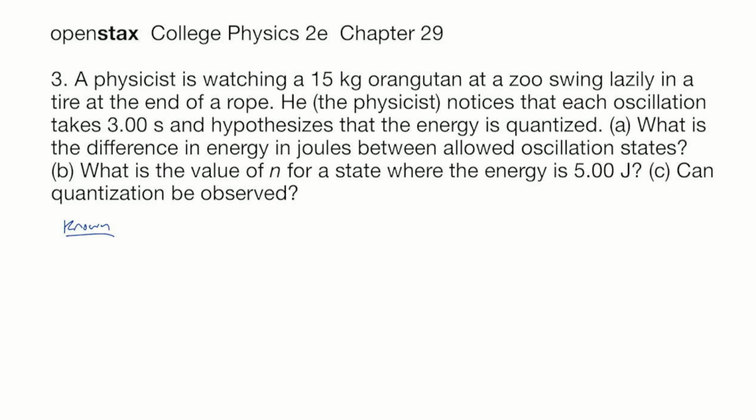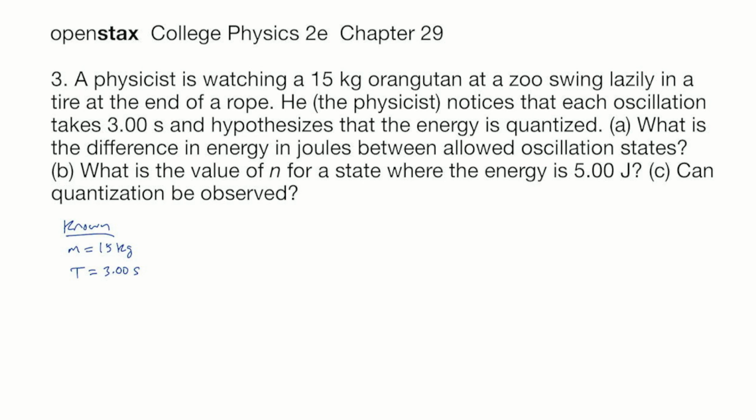The physicist is watching a 15-kilogram orangutan, so that's the mass of the orangutan, 15 kilograms. And let's see, notices each oscillation takes 3 seconds, so that's the period, 3.00 seconds.